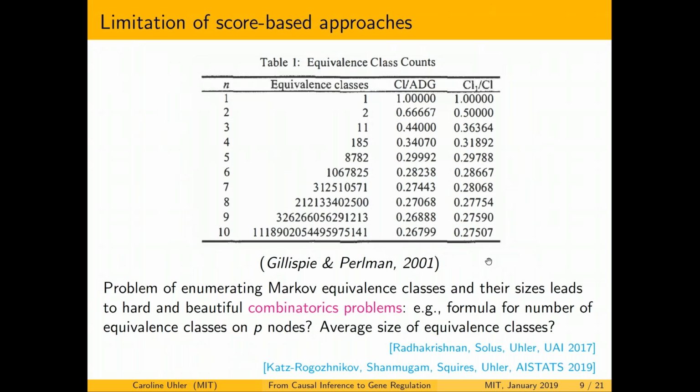And the last column, again a conjecture, seems to converge to something like a quarter or something higher than a quarter. So what is this? These are the number of equivalence classes of size 1 divided by all equivalence classes. This seems to suggest that about a quarter of the Markov equivalence classes only have one member.